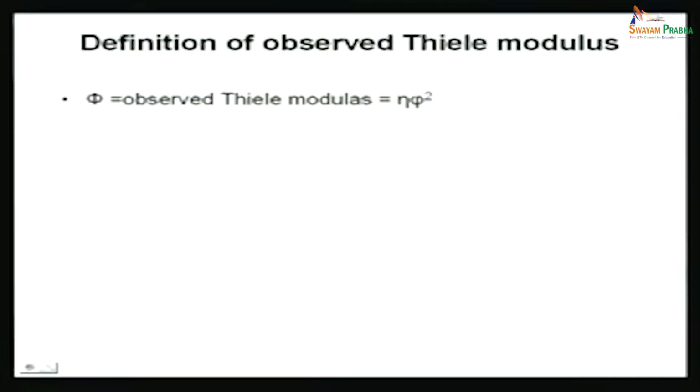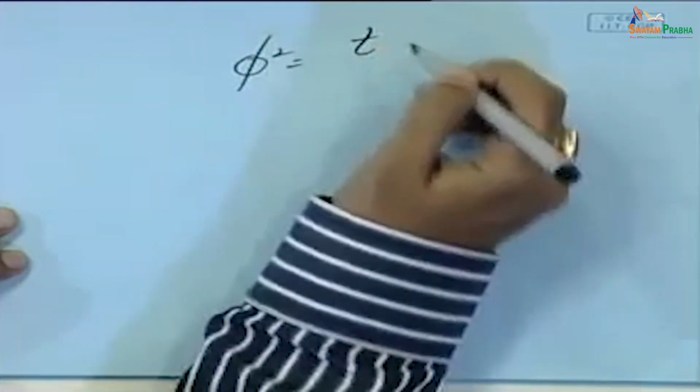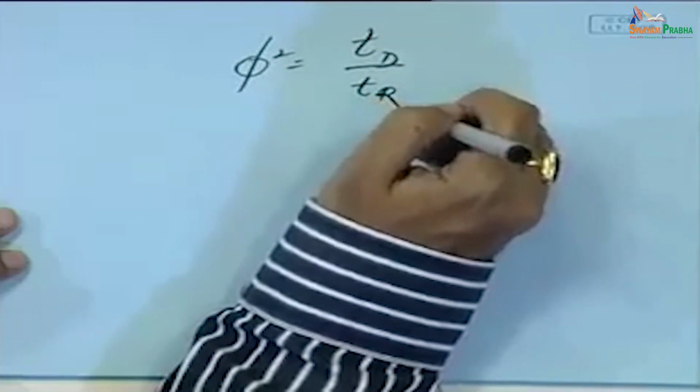But if you look at it, the Thiele modulus essentially is the reaction time over diffusion time, right? If the reaction time is very small, then the Thiele modulus should be diffusion time over reaction time. So phi squared equals Td over Tr, okay?